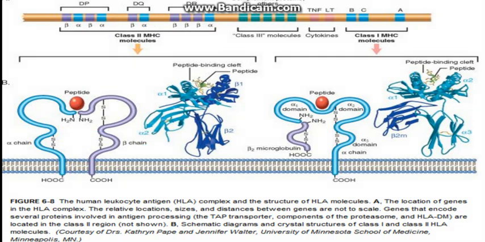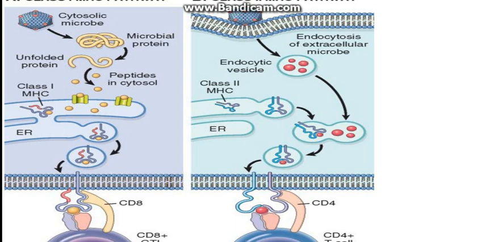Now going to the presentation, how the antigen is processed in the case of the class 2 MHC molecule. Here we can see this is an extracellular microbe. It is being endocytosed and is present in a vesicle. Now the class 2 MHC molecule will join the vesicle and it will be presented on the cell surface.